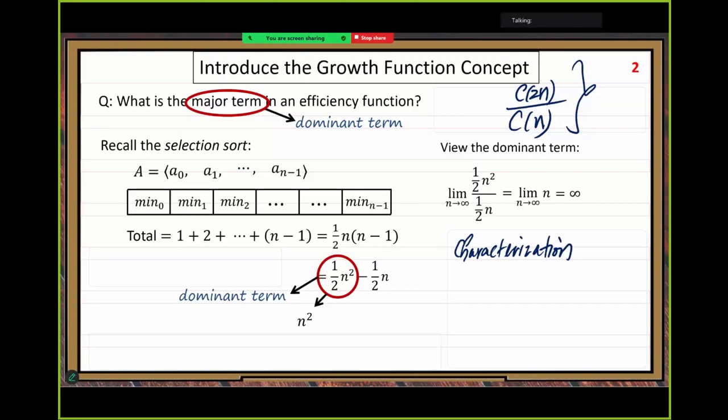When we talk about the efficiency functions of all the algorithms, there are a large number of them. If we do not organize them, it is very messy, and hard to do comparisons. So now we want to define appropriate categories to organize this large number of efficiency functions. That's another view of understanding.